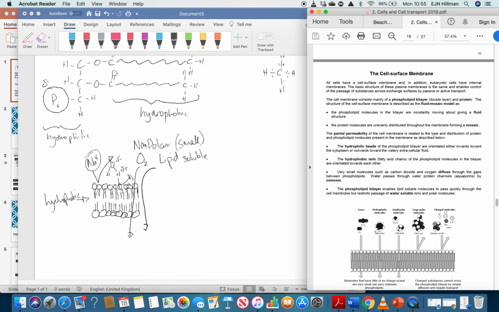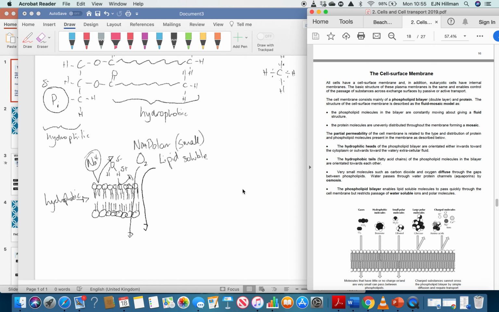Hydrophobic molecules, so lipid-soluble molecules, can pass through if they are small enough. Water can move through, but doesn't do it particularly well. Ethanol is a lipid-soluble molecule, and that's able to pass through. Right, there's a little bit of background.